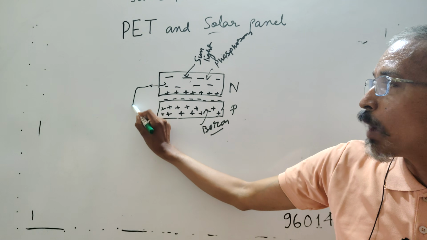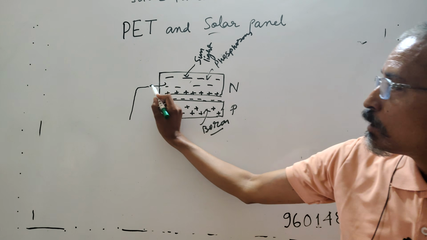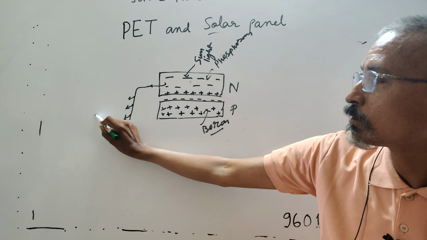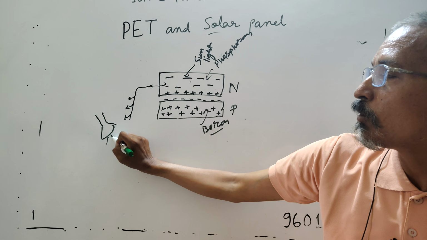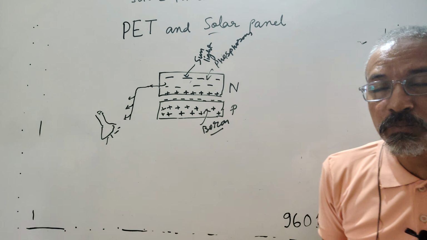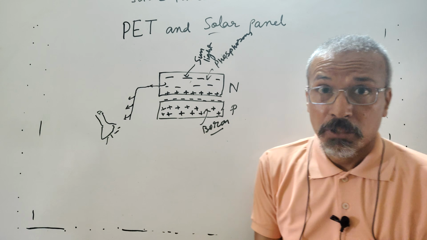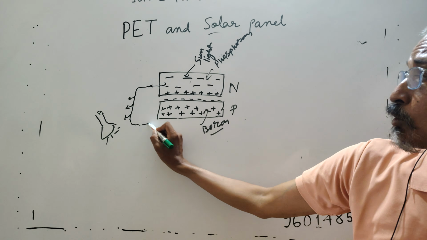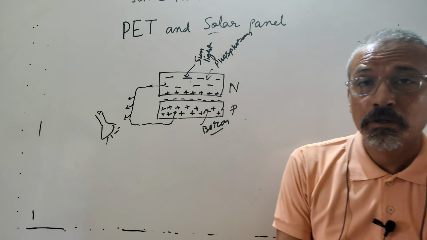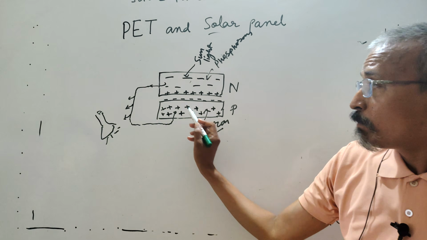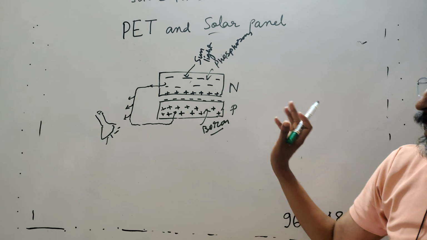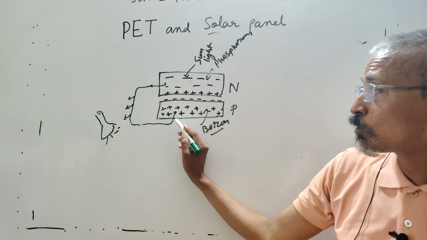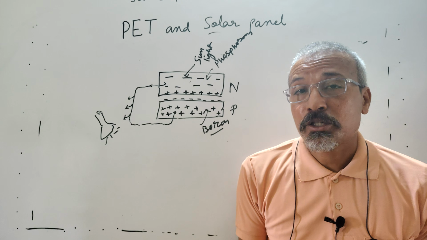So the electrons now come to the wire, okay, energized, and this energy will be used for lighting some bulb or preparing the chapatis in houses, okay, and these electrons return to the p type. But the p type is sensitive to the sunlight, and these coming electrons are energized by the sunlight.